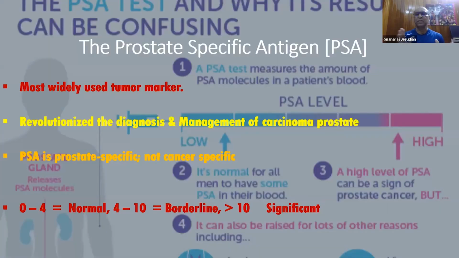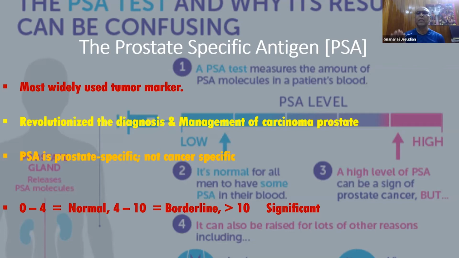PSA or prostate-specific antigen deserves a little special mention because this is one of the most widely used tumor markers. This is supposed to detect cancer of the prostate fairly early. And in the West, it has revolutionized the diagnosis and management of cancer of the prostate.